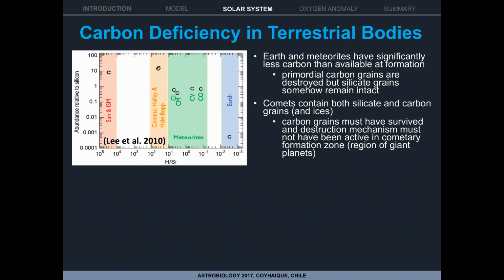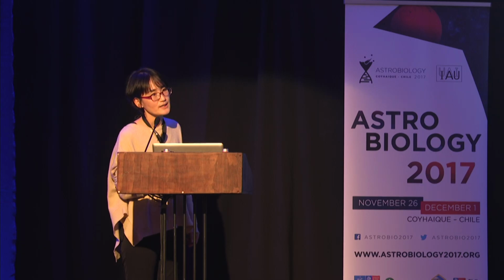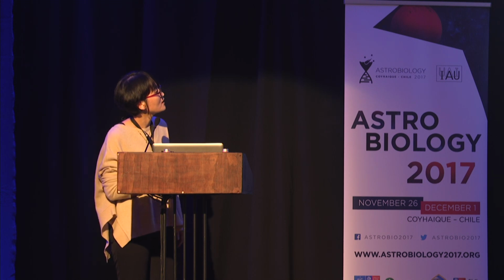And moreover, the carbonaceous meteorites show this carbon deficiency too. However, comets don't show any carbon deficiency compared to the solar value.